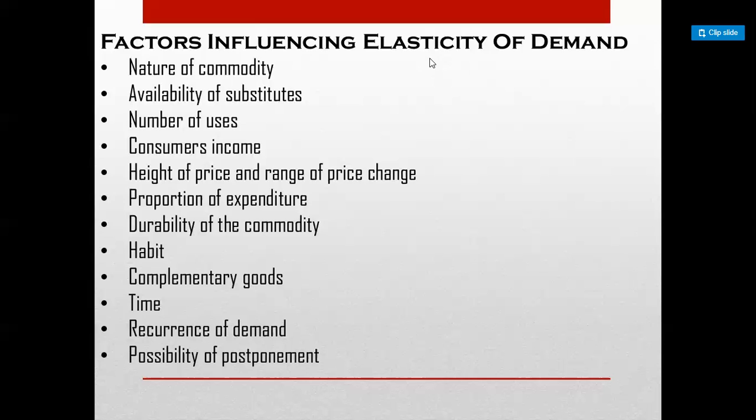Next is recurrence of demand. Recurrence means that once a commodity has been purchased, its demand will again increase. Next is possibility of postponement. I already told how commodities with urgent demand, like life-saving drugs, have an inelastic demand because they are immediate requirements. Here the chapter is finished, and all the microeconomics chapters are finished.